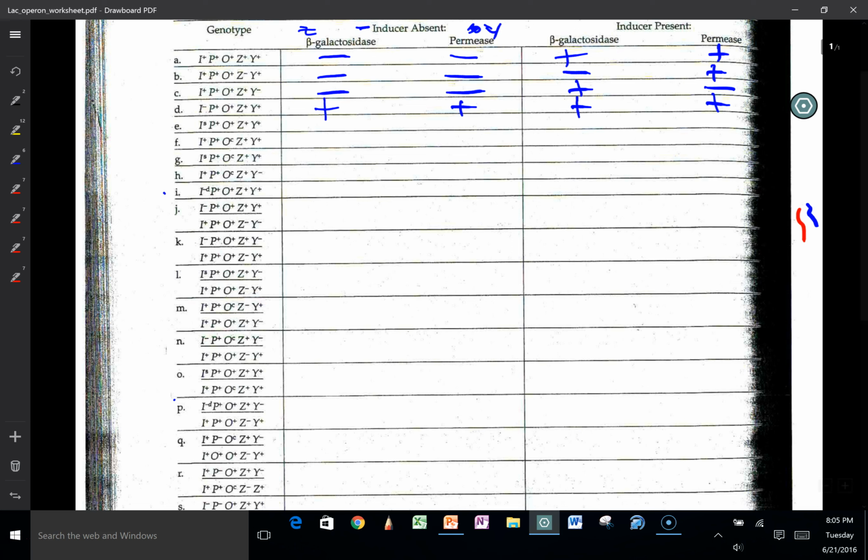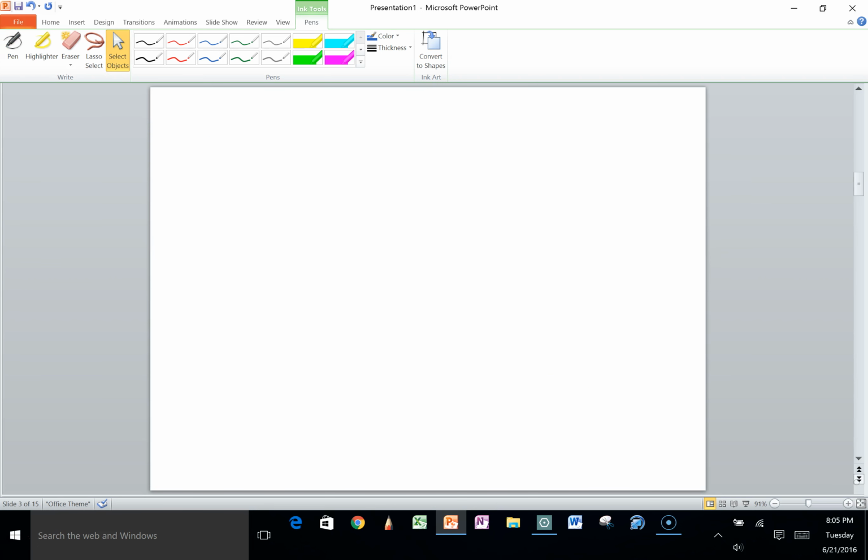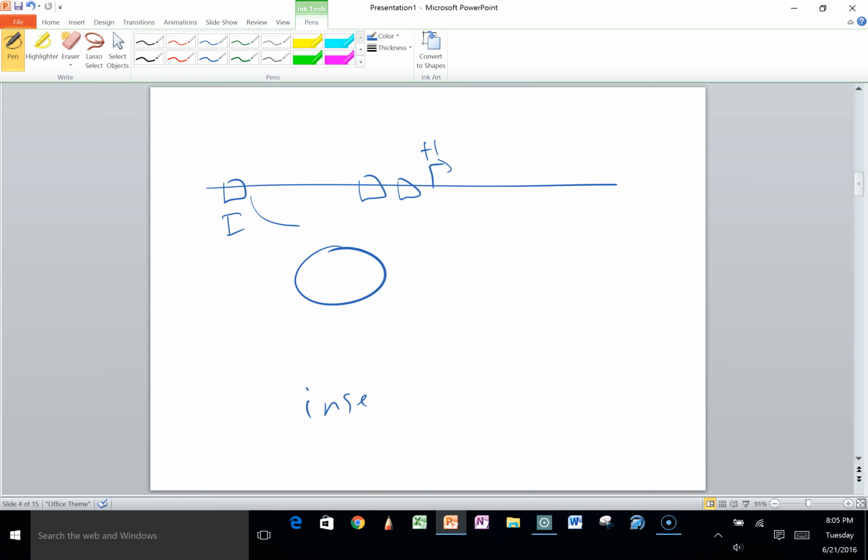The I^S mutation in E, that's a super repressor. It makes a repressor, but this repressor is insensitive to lactose.